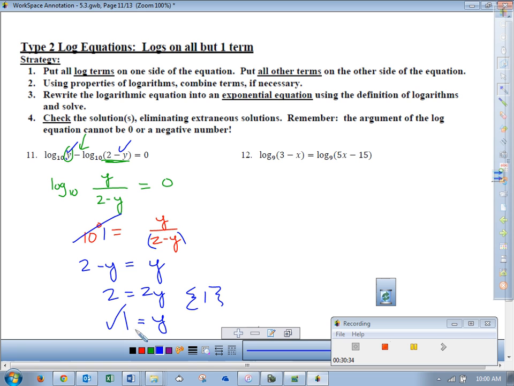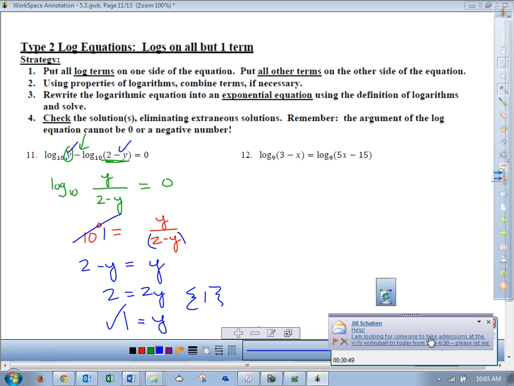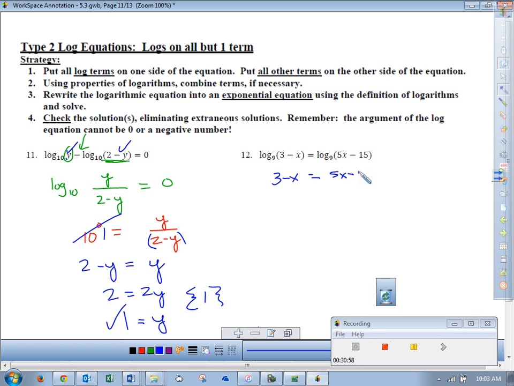Last one of these. Talk yourself through it. What do I got here? Why wouldn't I do a rewrite exponentially on this situation? Logs in every term, right? So 3 minus x equals 5x minus 15.